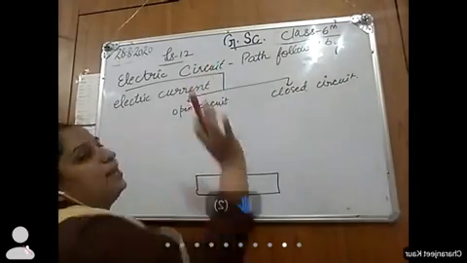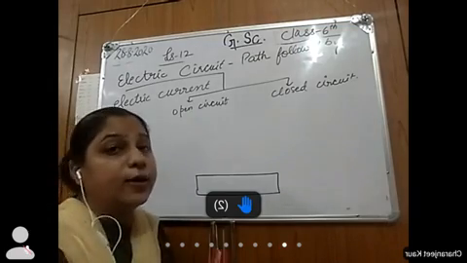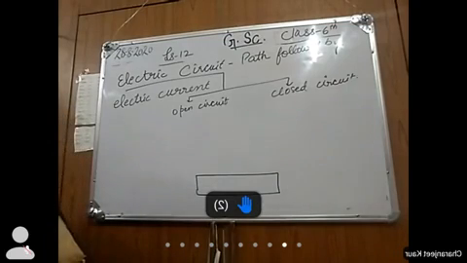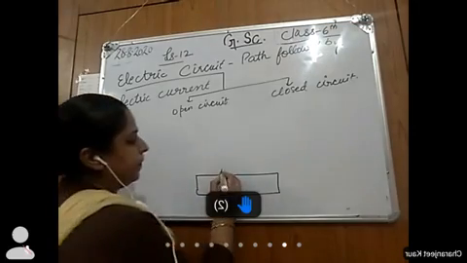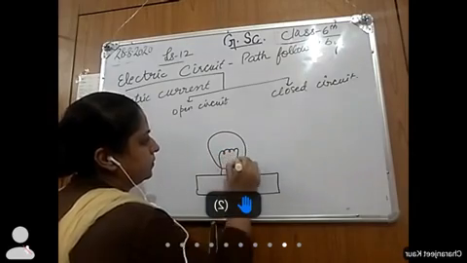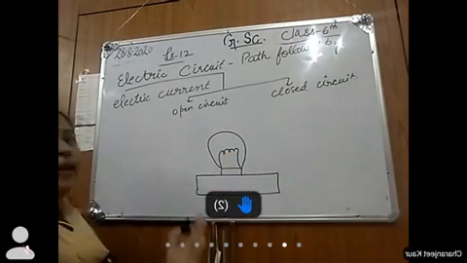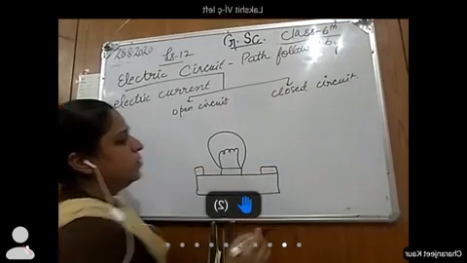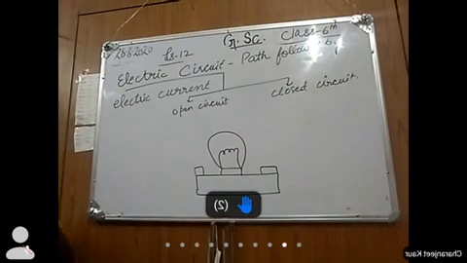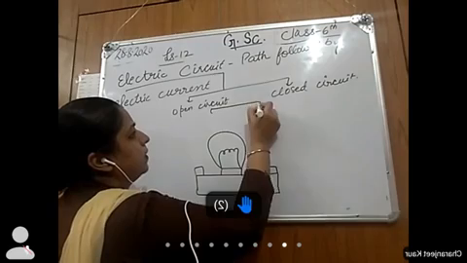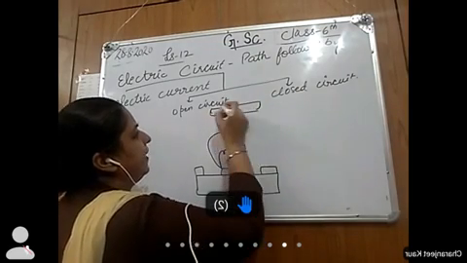Let me show you a closed circuit or electric circuit. If you are told to make it, how to make it? This is a simple board which you are taking. This is a bulb, a simple bulb I am keeping here. These are the two switches. You will keep a cell or battery here.